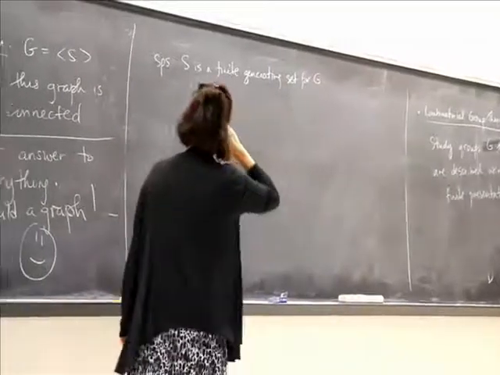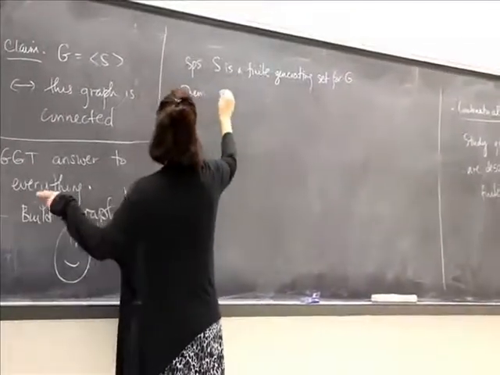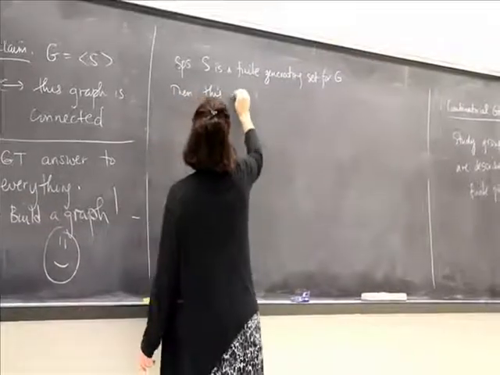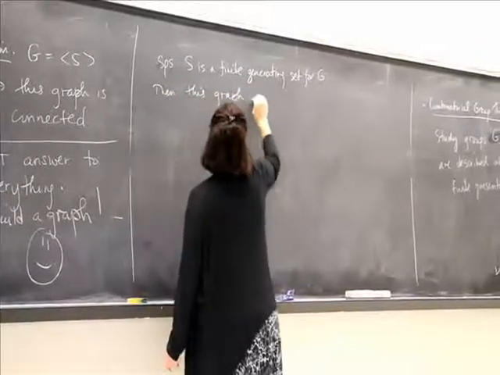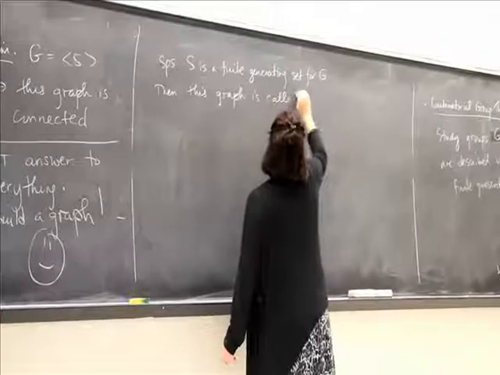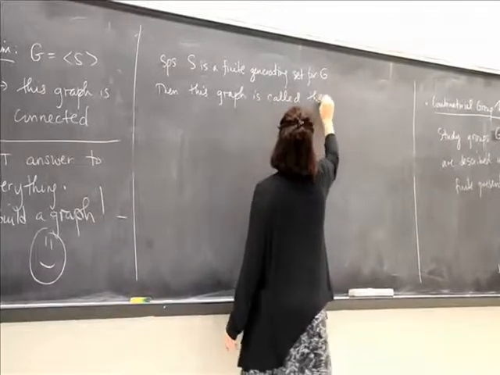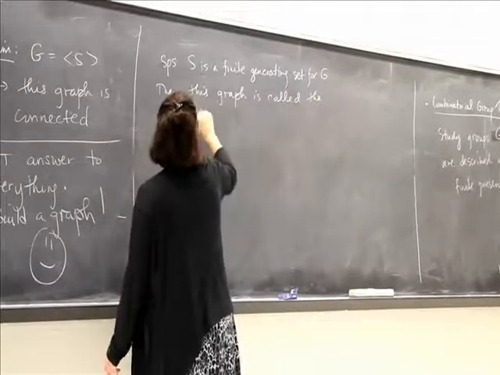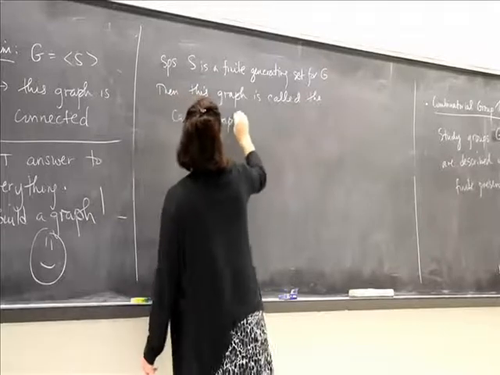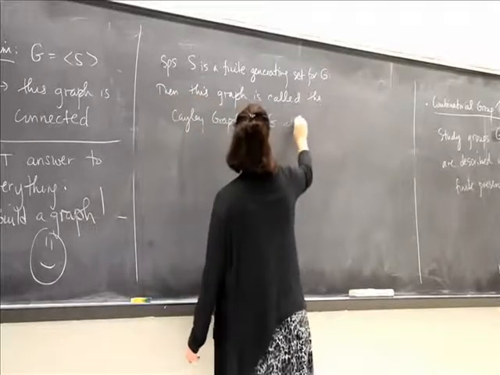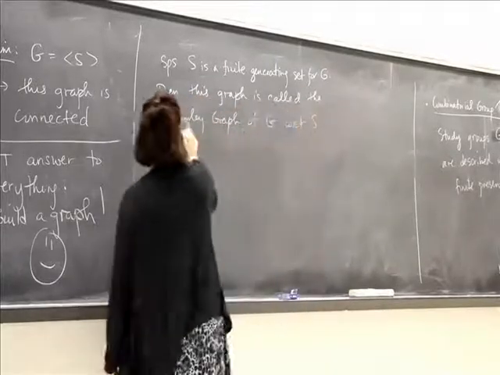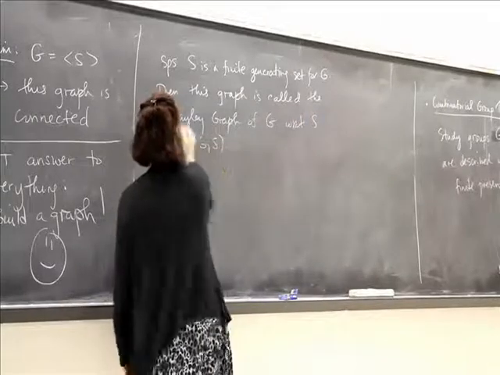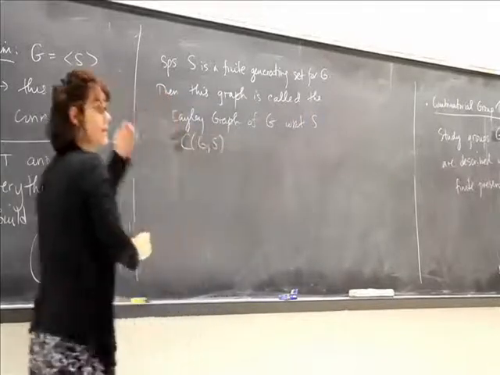For some group G, this construction is called the Cayley graph of G with respect to S. Usually the standard notation is something like this. Some people use the letter C for Cayley.